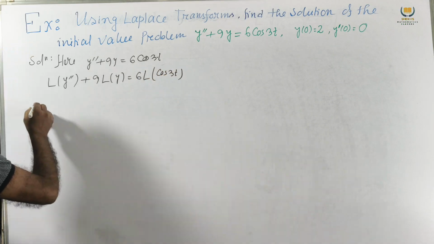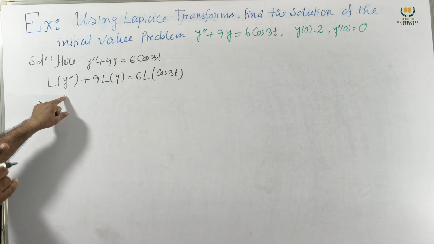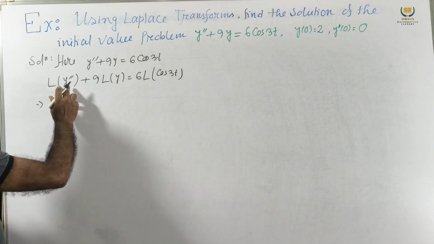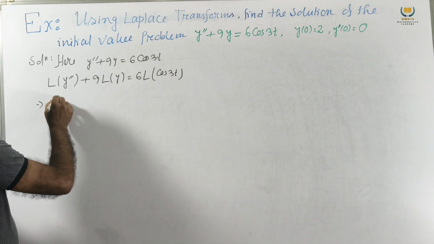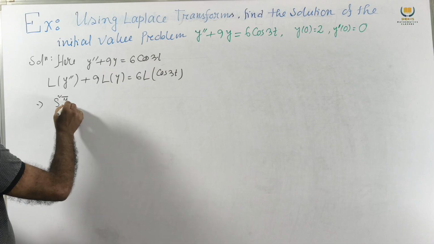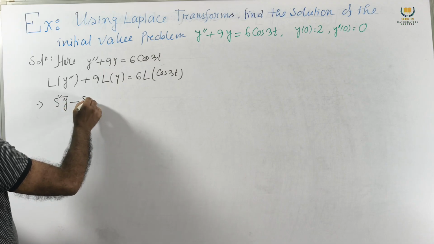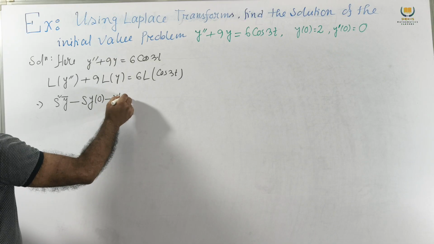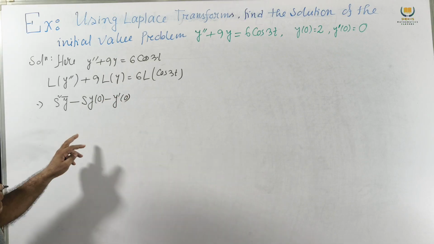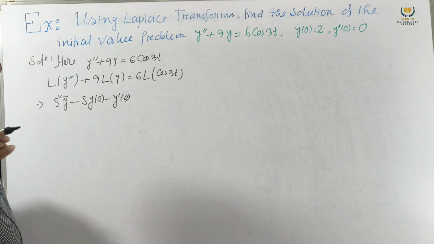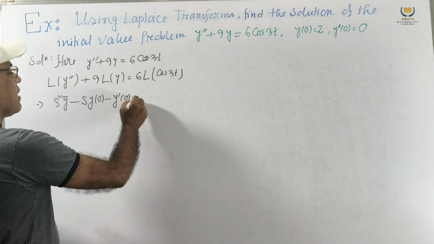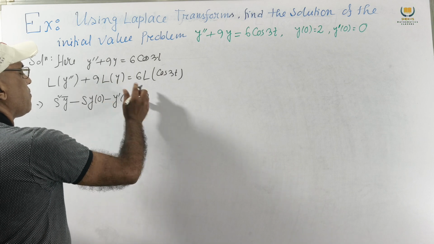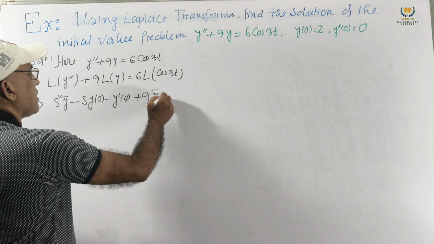And in the first video, it was given that L of y double dash means s square y bar minus s y of 0 minus y dash 0. For solving this type of problem, we write in this way. And L of y means y bar.